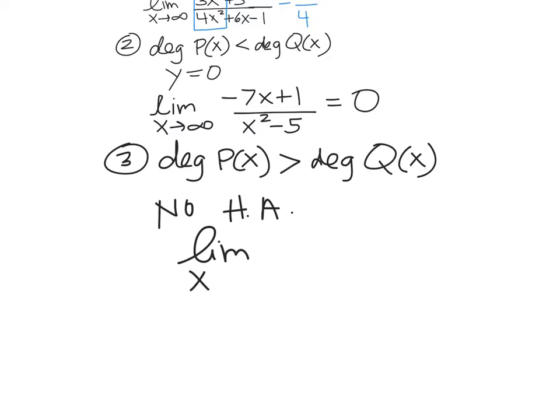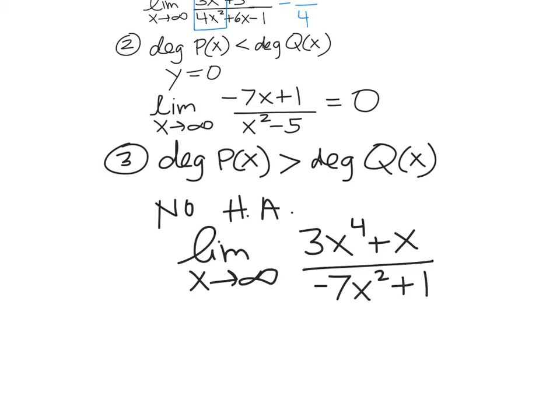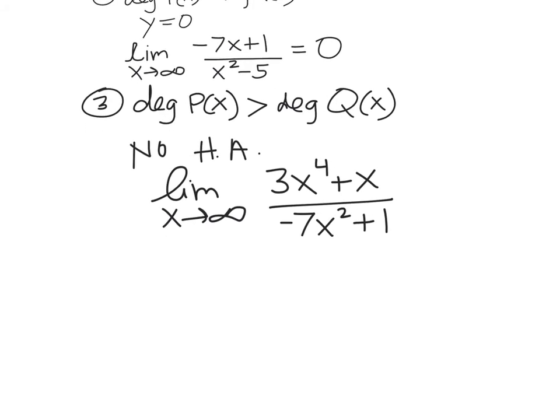But this book says if you take the limit as x goes to infinity of something like 3x to the 4th plus x over negative 7x squared plus 1, for example, this right here would be the limit does not exist. Because you're getting infinity over negative infinity to the 4th.